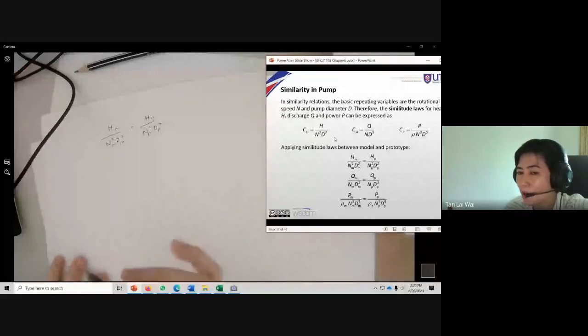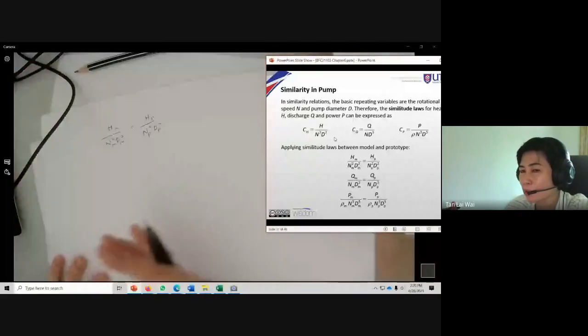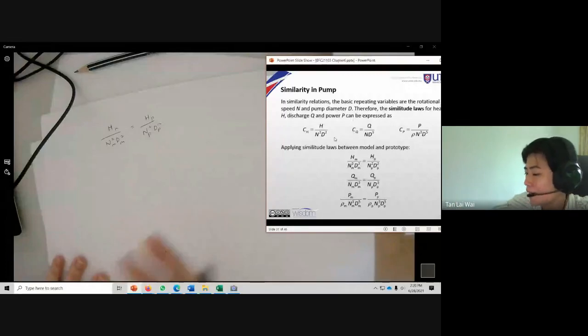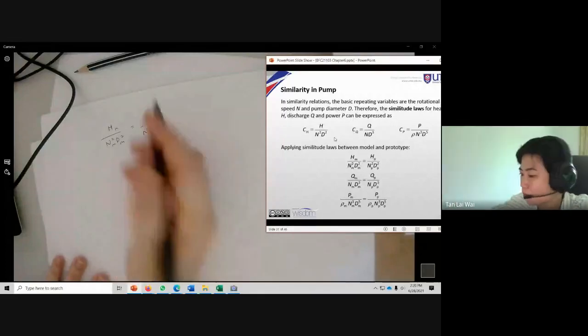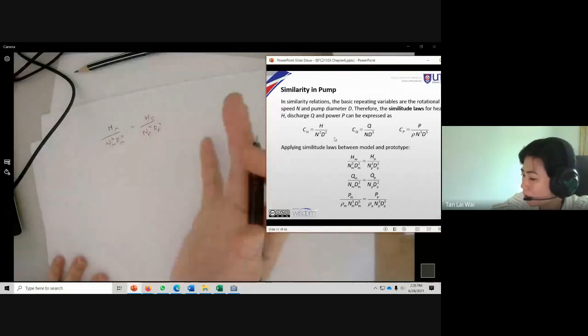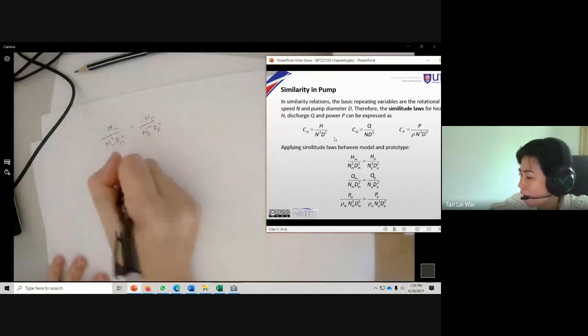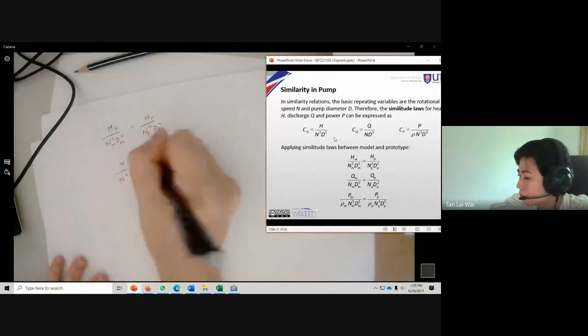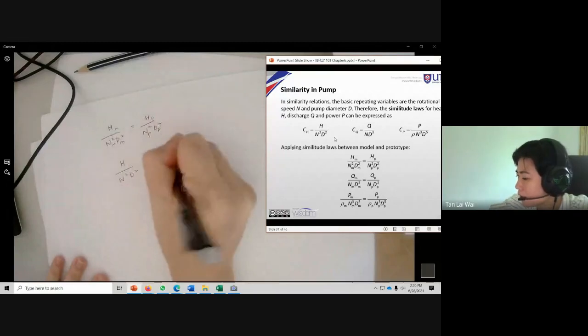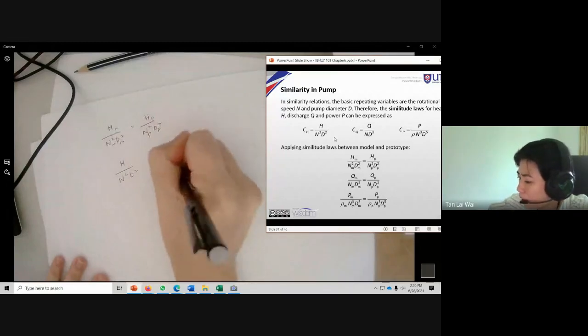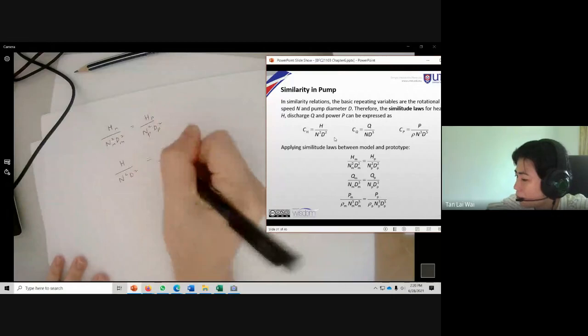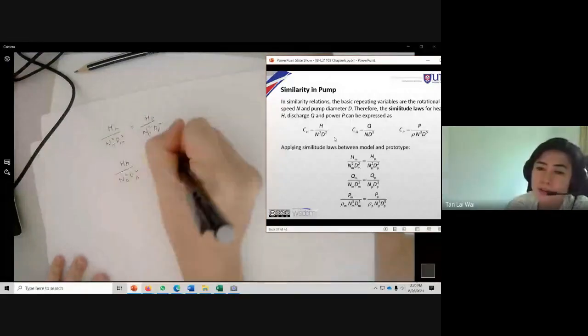The question could ask you to compare between two homologous pumps or turbines, for example, pump A and B. So what you could do is have also H over N squared D squared for pump A and pump B. So that's how you are going to write it down, basically.